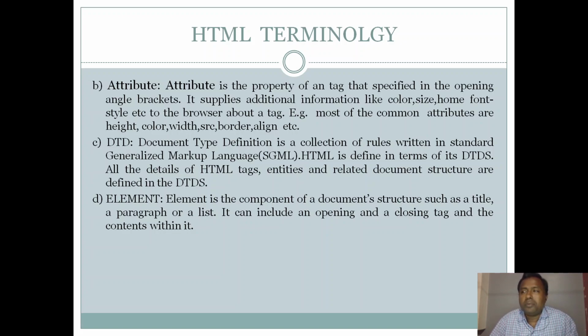An attribute is a property of a tag, which provides some additional information about the tag. For example, color, size, font family, font style. Other common attributes are height, color, width, source, border, align.